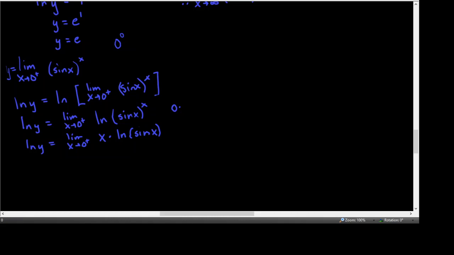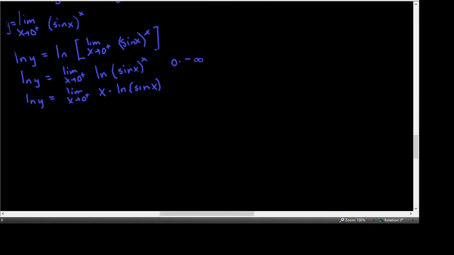The sine of any positive number is positive. And so the natural logarithm of a positive number that's really close to 0 is really far down. It's going toward negative infinity. And so that's a product that is indeterminate. And so that means we're on the right trail here. This looks a whole lot like the last one, as you may notice.